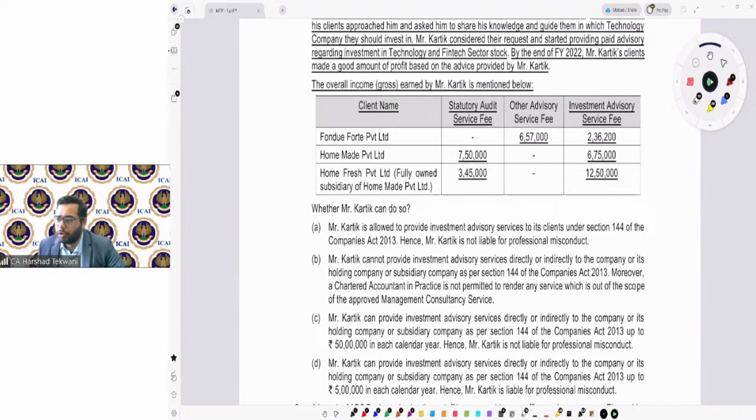If you see section 224 of the Chartered Accountants Act, there are the services that are permitted for a chartered accountant, the expression of management consultancy and other services. There is a list for that. Plus, you need to apply section 144 in conjunction with that.